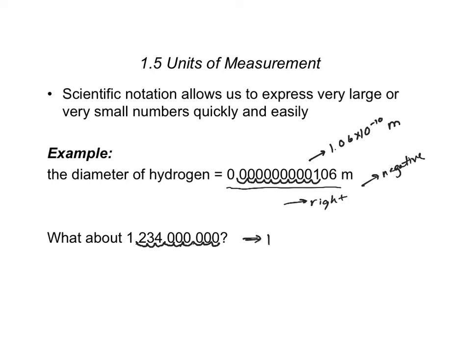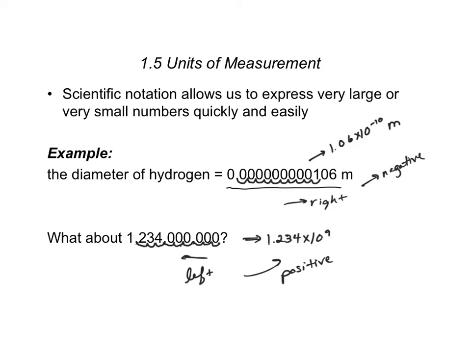And so now I would write this as 1.234 times 10 to the 9th. There is no unit, so I leave it unitless. Okay, I went to the left here. What's the sign of my exponent? So this is left, moving the decimal, and we get a positive exponent because of that. Okay, so this is nice. This is easy. Stick with me. We're almost there.